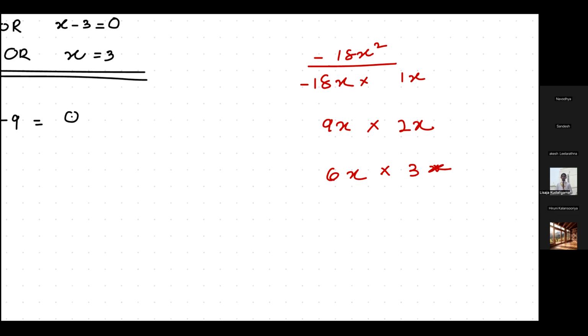So plus 18x multiplied by minus 1x or minus 18x multiplied by plus 1x. Now these are things you already know. Plus 9x multiplied by minus 2x or minus 9x multiplied by plus 2x. Plus 6x multiplied by minus 3x or minus 6x multiplied by plus 3x.